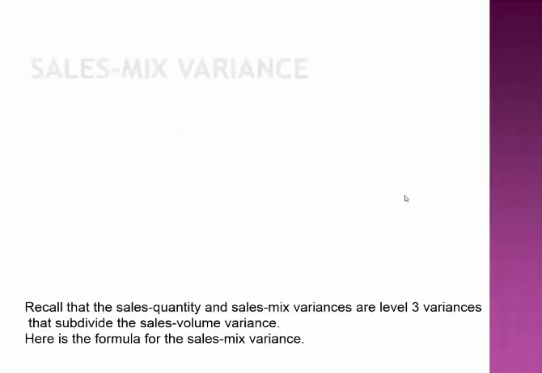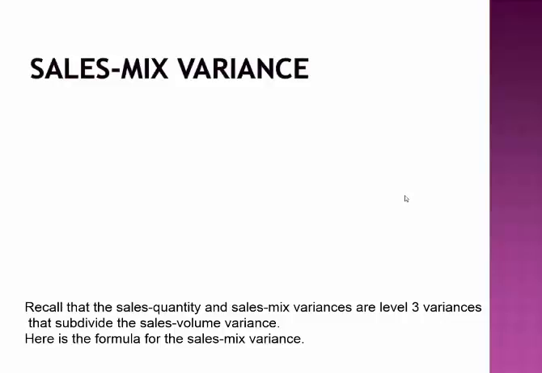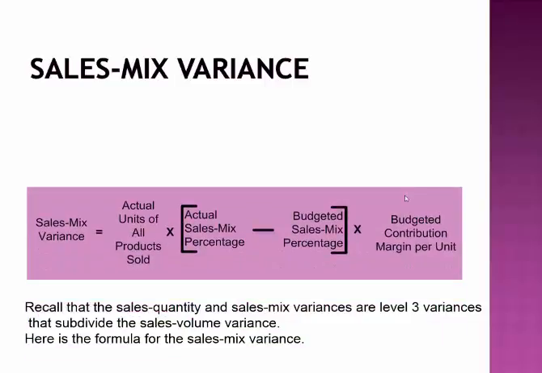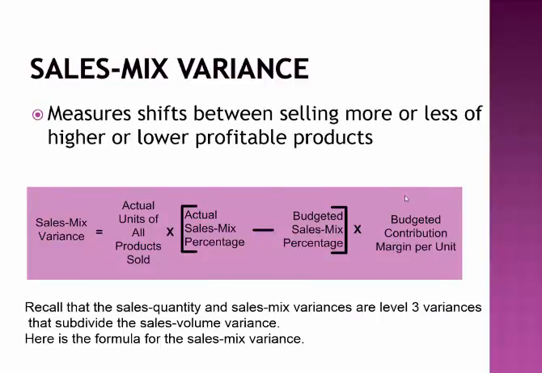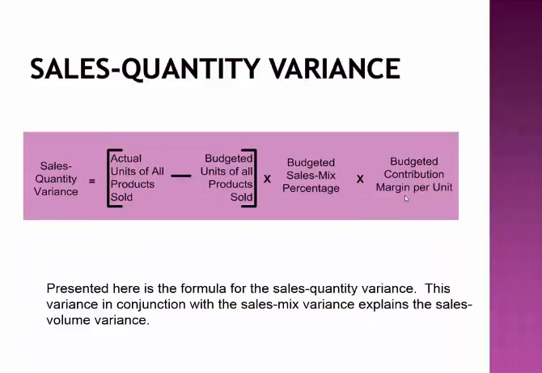However, I wanted you to make sure that you look in the text, in the 15th edition text. Market share variance and market size variance are shown on pages 574 and 575. But here are the formulas for the sales mix variance and the sales quantity variance.